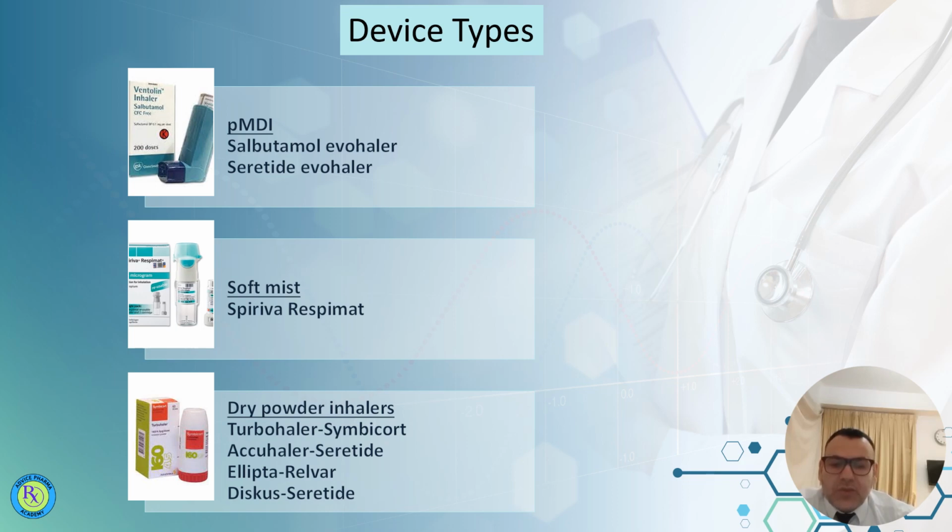For Turbohaler like Symbicort, as in this picture, you need to twist the bottom and inhale only. So many devices with many procedures, so it's important for us to know how to use every device so that we can deliver the message to the patient to allow them to comply with their medication and take the proper benefit from these medicines.